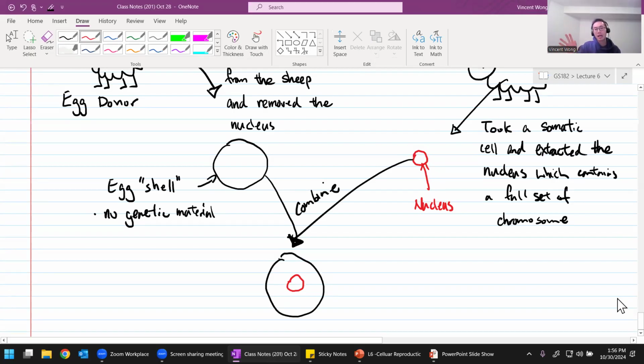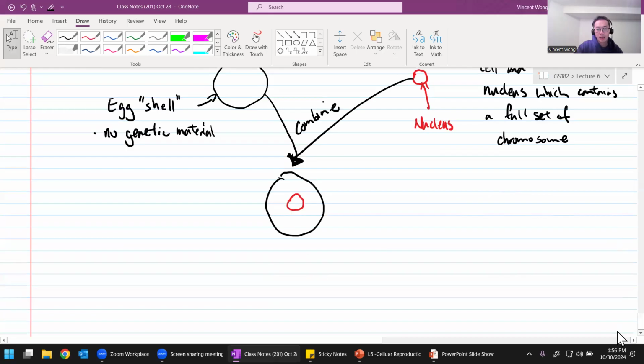But by replacing the egg nucleus with a nucleus that has a full set of chromosomes, they are simulating fertilization. So far, I don't think it's too complicated to understand, I hope. Then we're going to have a third sheep. What do you think this third sheep is for? What do we need a third sheep for?